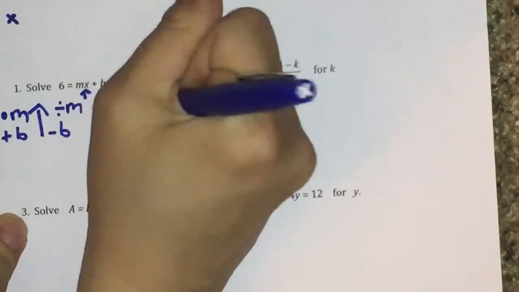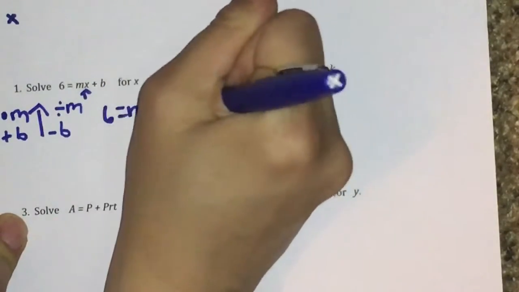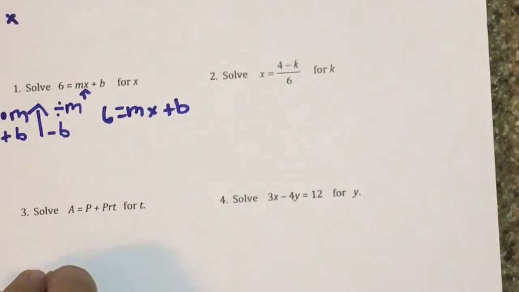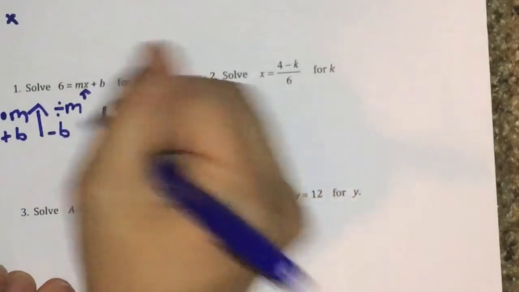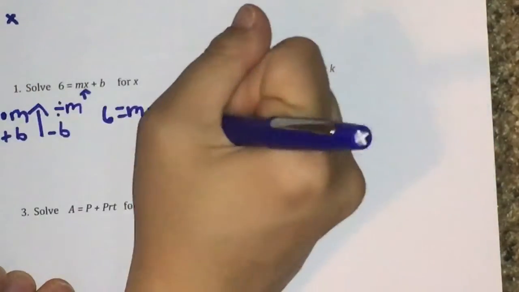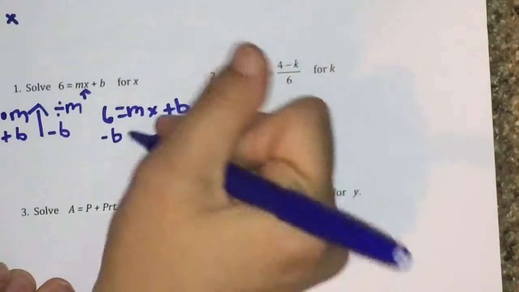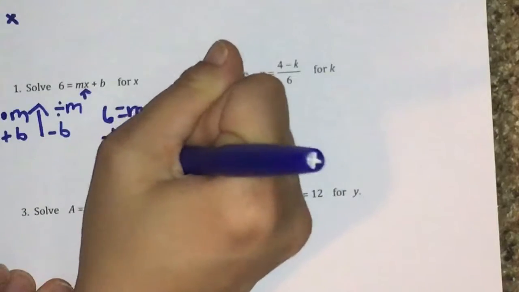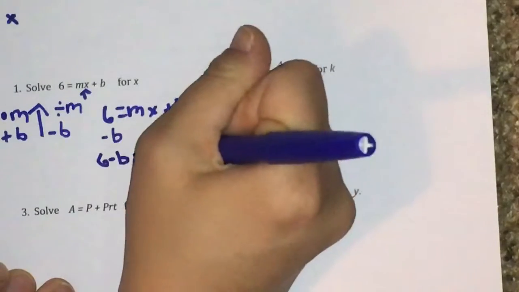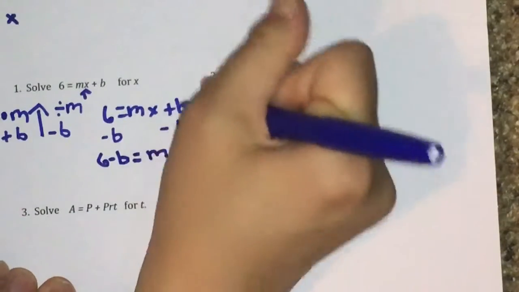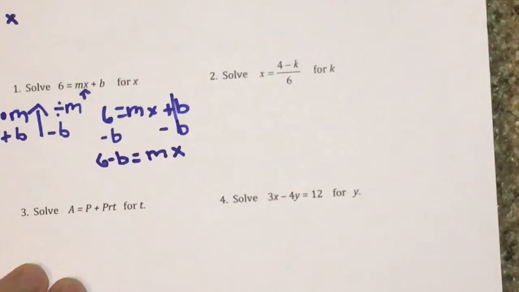So we have 6 equals mx plus b. Remember, you're basically treating those variables as if they're numbers in a regular equation. So, step one, instead of adding b, subtract b. Well, 6 minus b cannot be simplified because they're not like terms, so that just becomes 6 minus b equals mx.